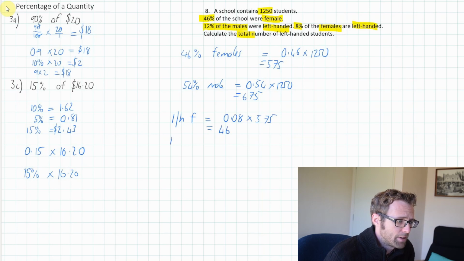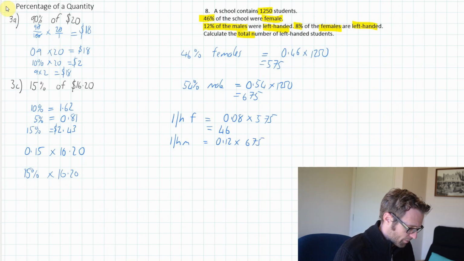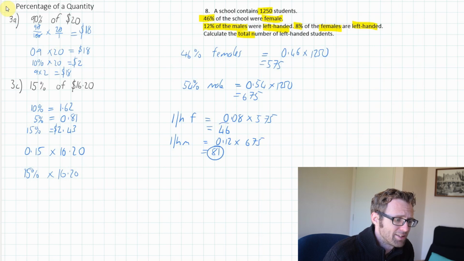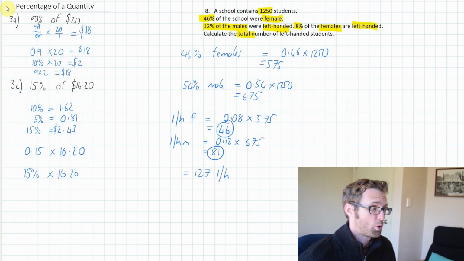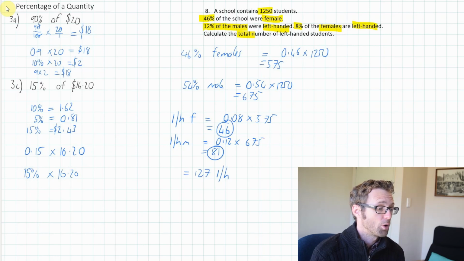And left-hand males is going to be 12% of the males, so 0.12 times 675 males, and I'm getting 81. And so the total number of left-handers is the 81 plus the 46, and that is 127 left-handers. That's just a quick introduction into percentage of a quantity.